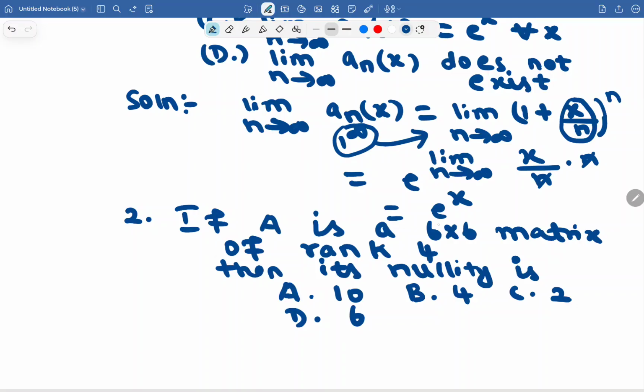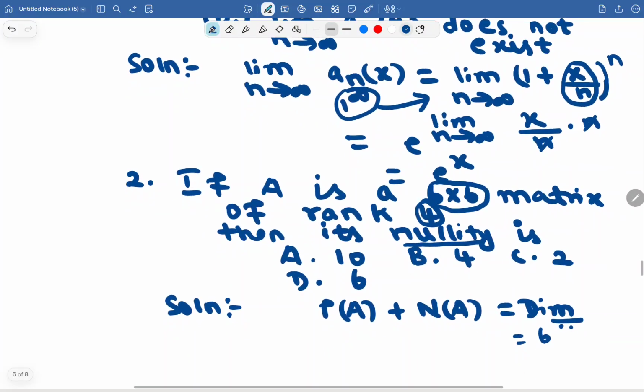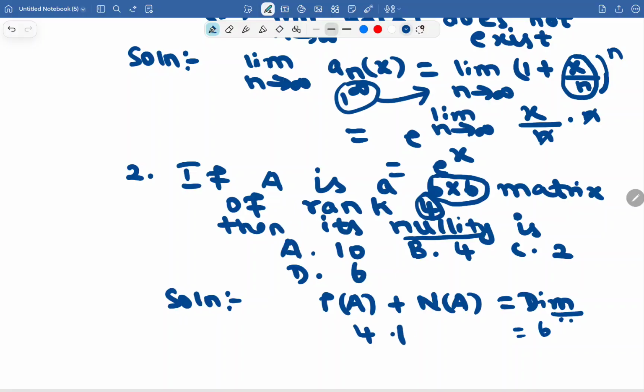Here A is 6 cross 6, rank of A is 4, we have to find the nullity. Solution: by the rank nullity theorem, rank of A plus nullity of A equal to dimension. Here dimension is 6, rank of A is 4. Nullity of A is 6 minus 4, which is equivalent to 2. Option C is the correct option.